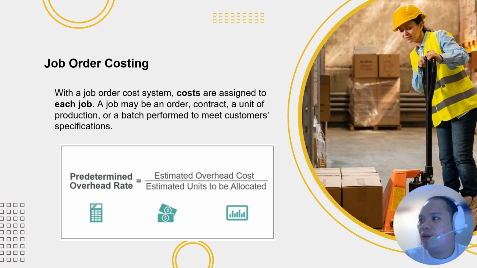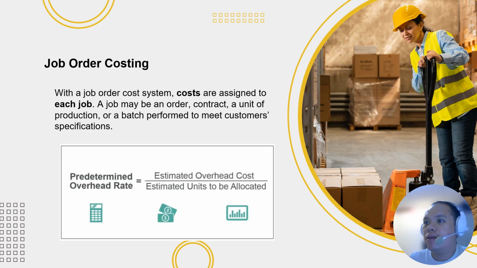The predetermined overhead rate. Same with earlier, since there are multiple products, since the company has undergone the total manufacturing cost, we have to allocate the total overhead rate to each of the items or the products.